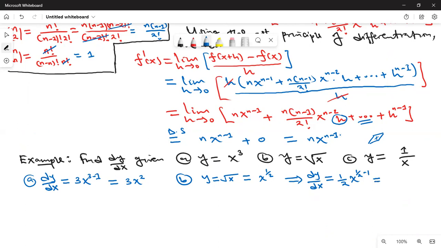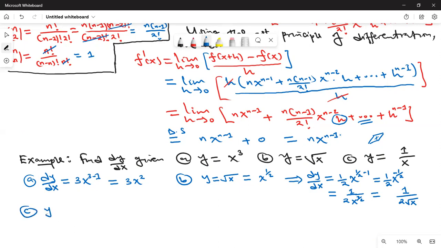And so this you can write as 1 over 2 times x raised to negative 1 over 2. And so this can as well be written as 1 over 2 x raised to 1 over 2. When you take the negative power to the denominator, it becomes positive. And so this can be written as 1 over 2 root x. That's our derivative.